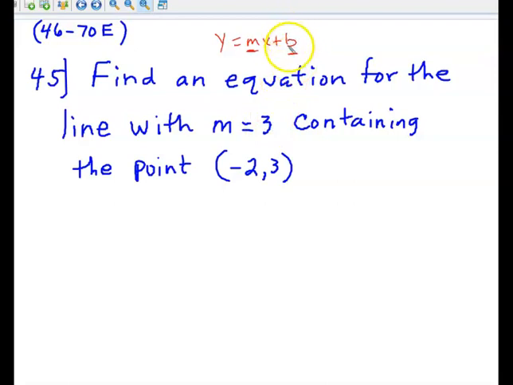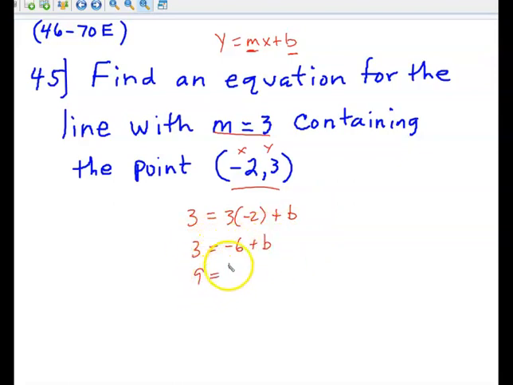What we don't have is the y-intercept, but we can use this ordered pair. These two numbers represent x and y in this equation, and we can plug all these in and solve for b. So y equals m times x plus b, and then we solve for b. We add 6 to both sides. b is equal to 9. So my final answer here is y equals 3x plus 9.